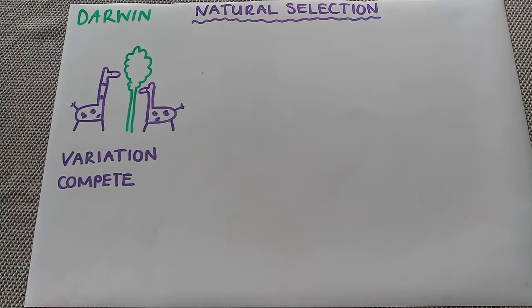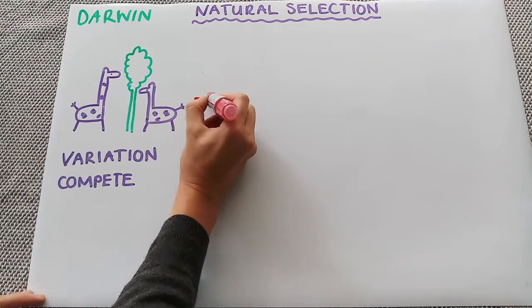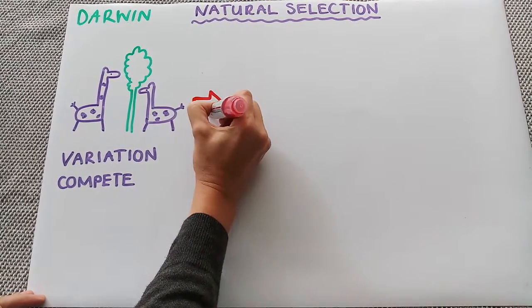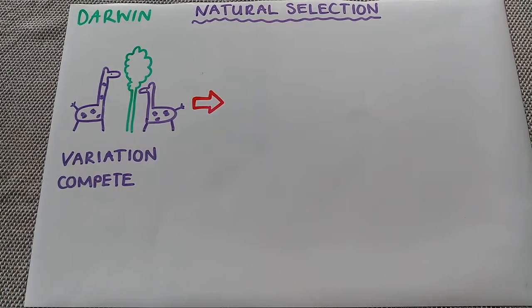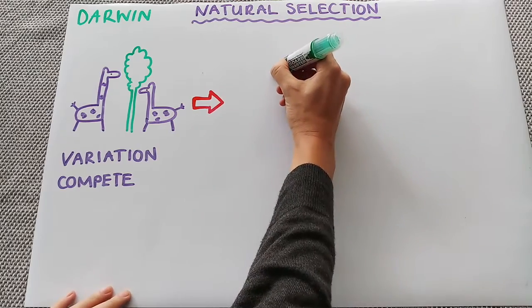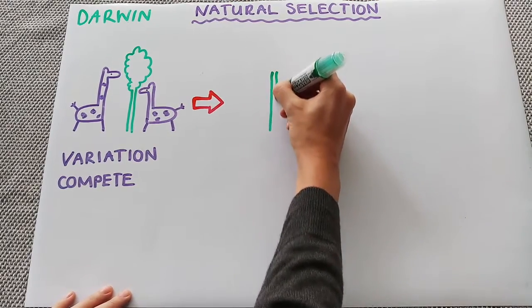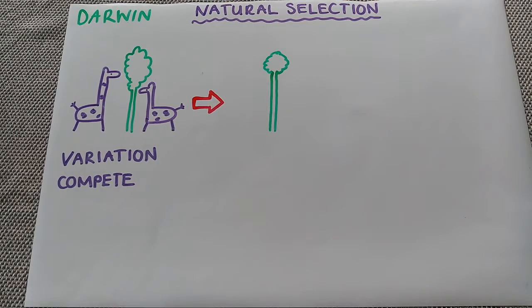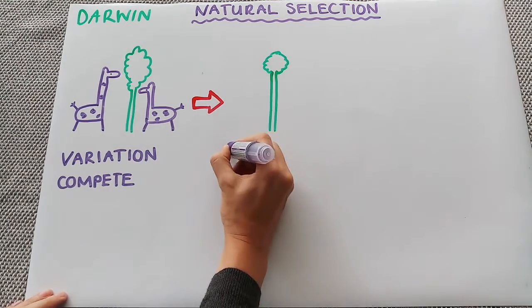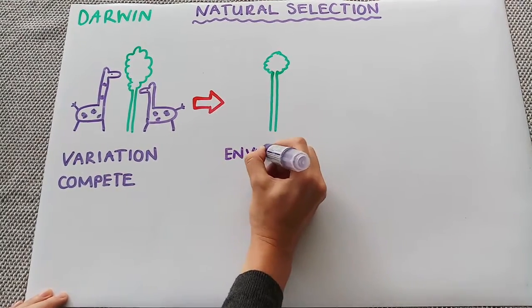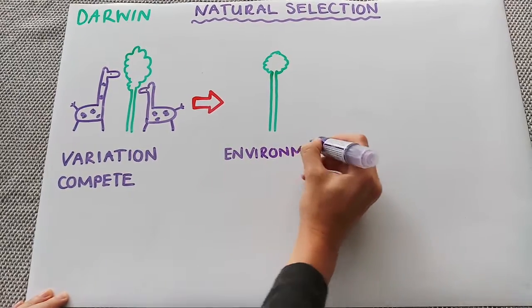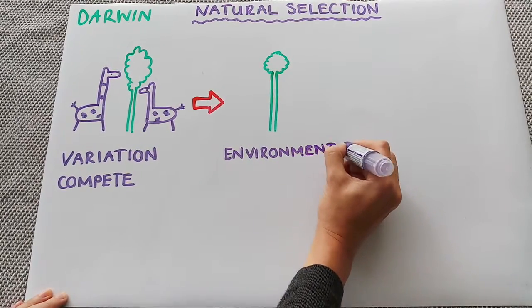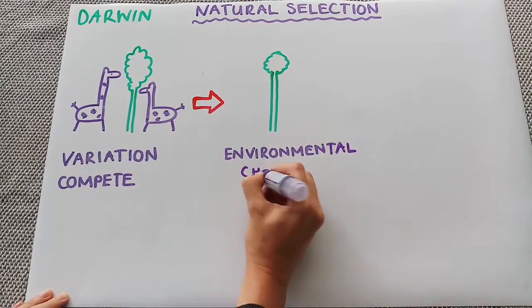Now everything at the moment is hunky-dory because there is enough food for everyone, and everyone is able to access this food. So what we're going to have a look at now is if this changed so that the food was only found at the very tops of the trees, and this is what is called an environmental change. So this has to happen for natural selection to happen.